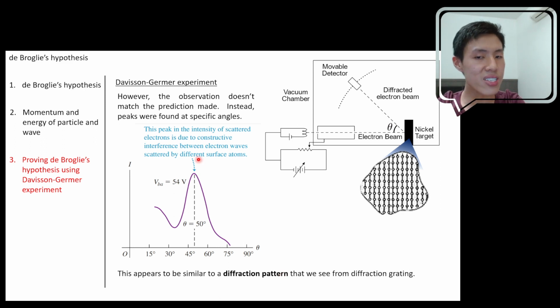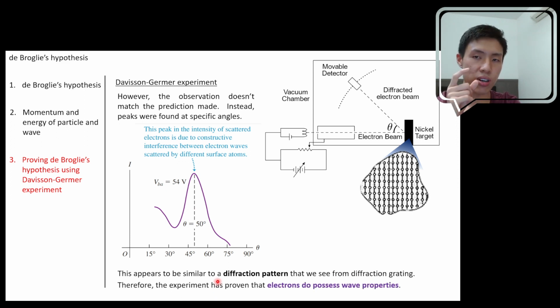So this is very similar to the kind of diffraction pattern that we see for the single slit experiment. So because it's similar to the diffraction pattern that we see, we can actually deduce that this is due to diffraction. This kind of graph can only be obtained if the electrons undergo diffraction.